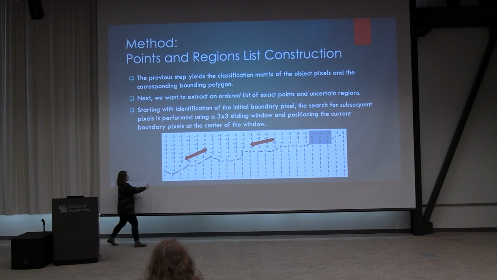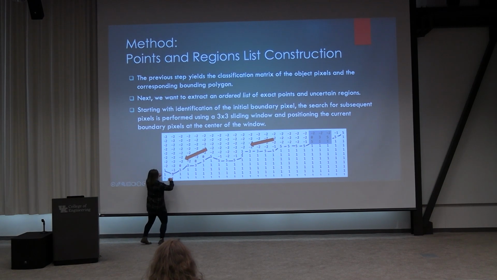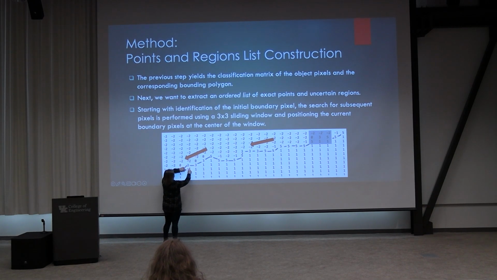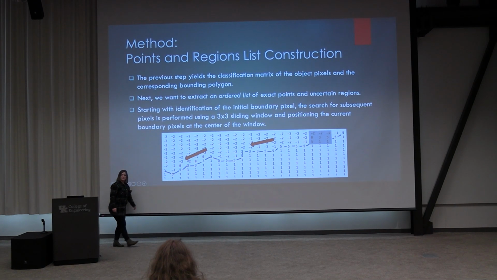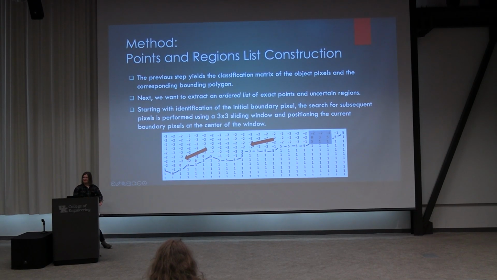If this is the pixel that I'm looking at, and this pixel belongs to the boundary and the next pixel doesn't, I will label it as 3. So you can label them anything you want, characters, letters, anything. It's just internal identification.